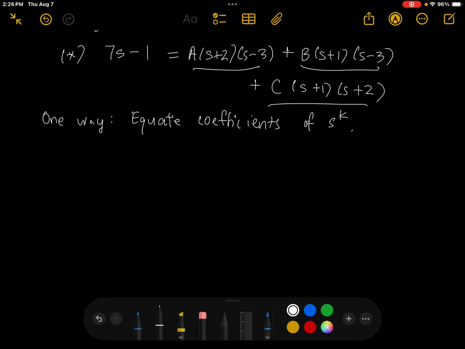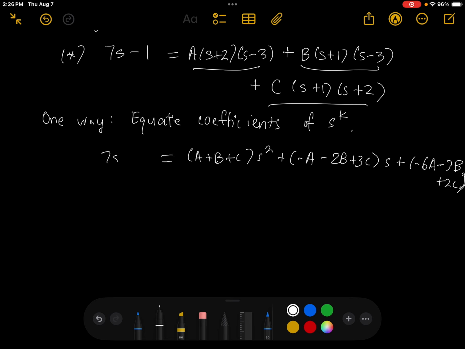So if you do it, you're going to get A plus B plus C times S squared plus negative A minus 2B plus 3C times S plus negative 6A minus 3B plus 2C. Okay, that's what you're going to get when you simplify the right-hand side, and then that is equal to 7s minus 1. Okay, and that's 0s squared plus 7s minus 1.